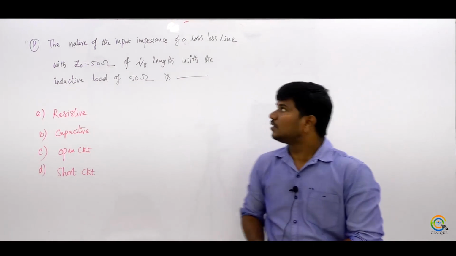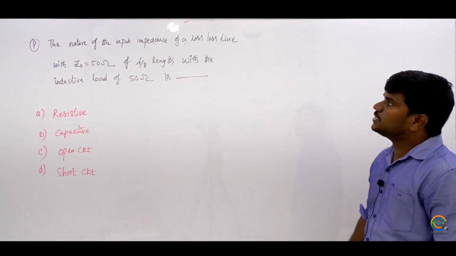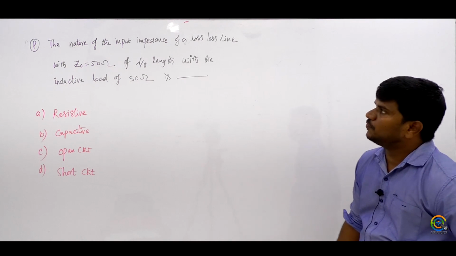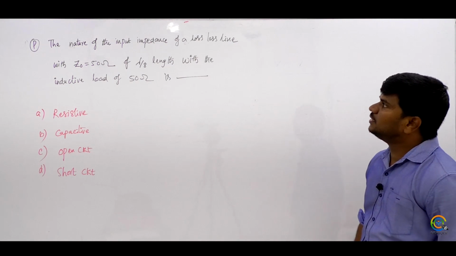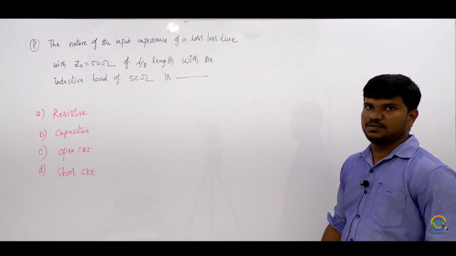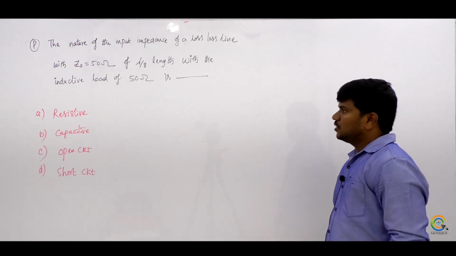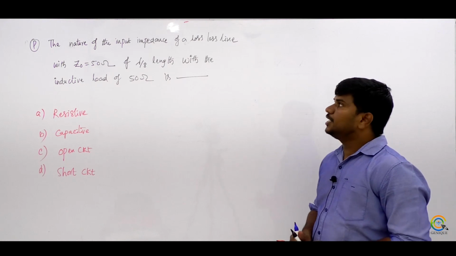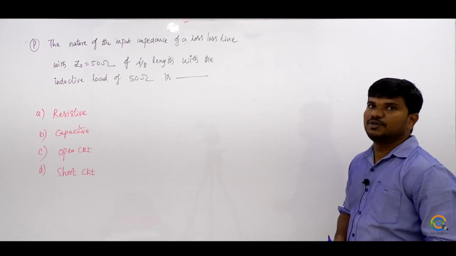The question is: the nature of the input impedance of a lossless line with Z0 equals 50 ohm, of lambda by 8 length, with the inductive load 50 ohm, is. So here we have to find the nature of the input impedance for the lossless line.